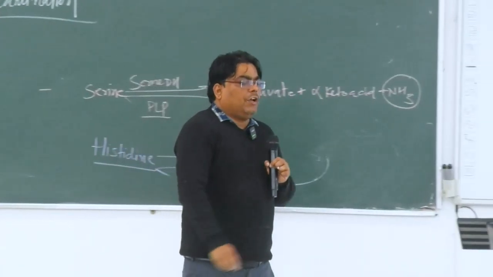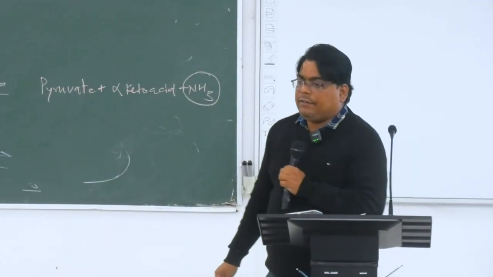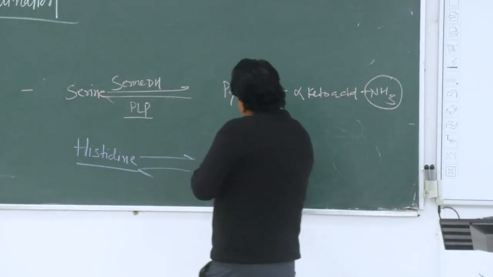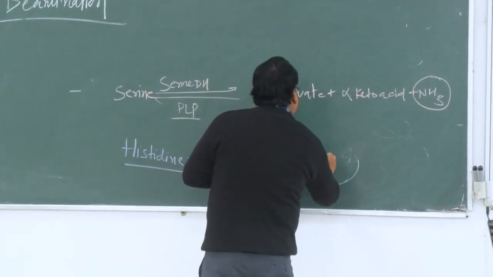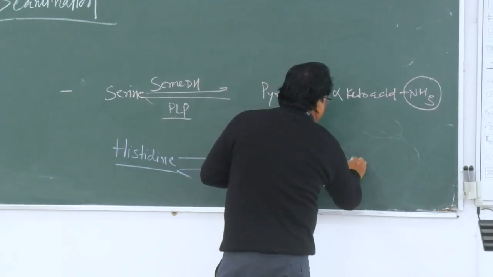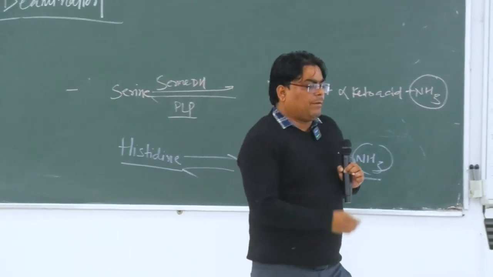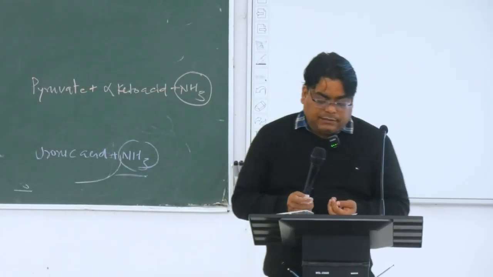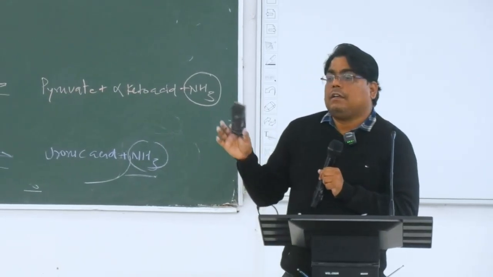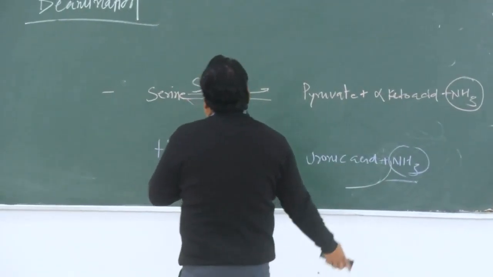Histidine forms urocanic acid plus NH3. So this is the formation of ammonia by the major steps: transamination reactions, oxidative deamination reactions and non-oxidative deamination reactions.